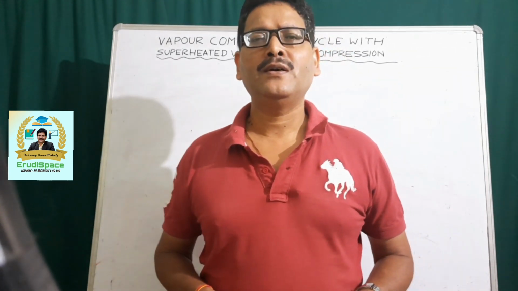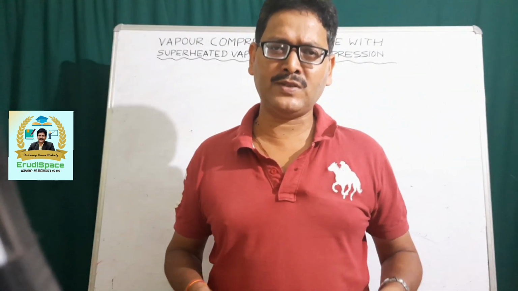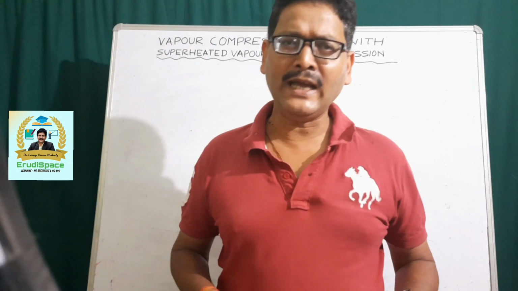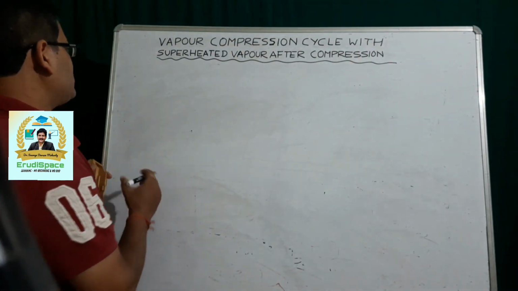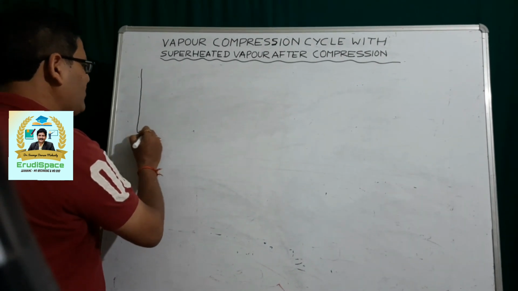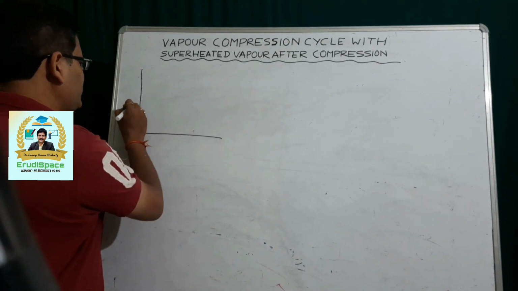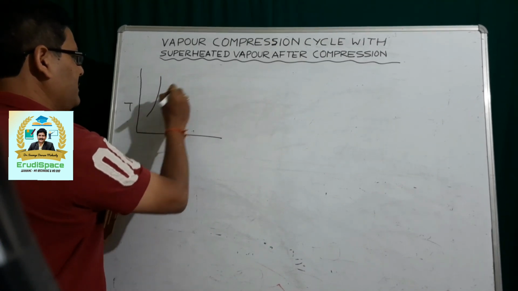But how it is different from the two other cycles which we have discussed, that we will analyze. So first, I will show the cycle with the help of temperature entropy and pressure enthalpy diagram.